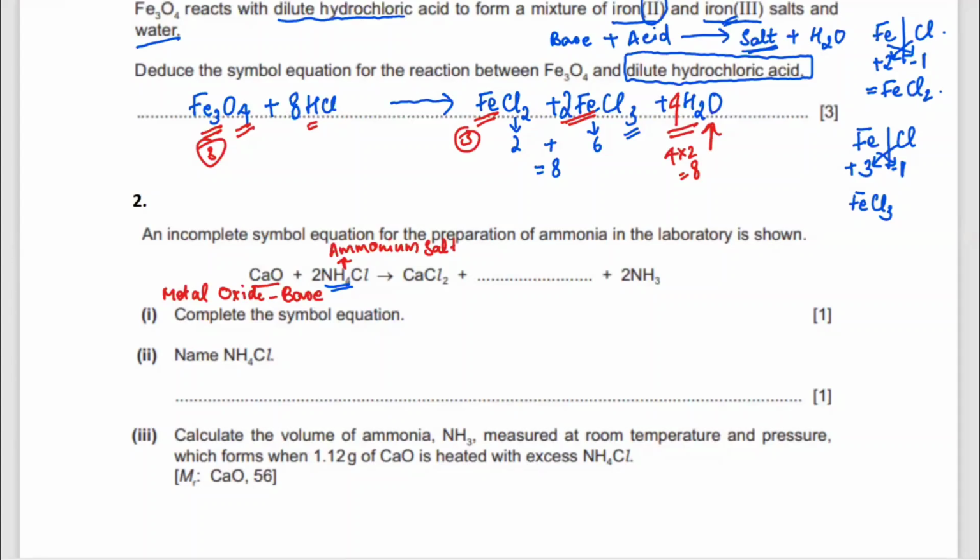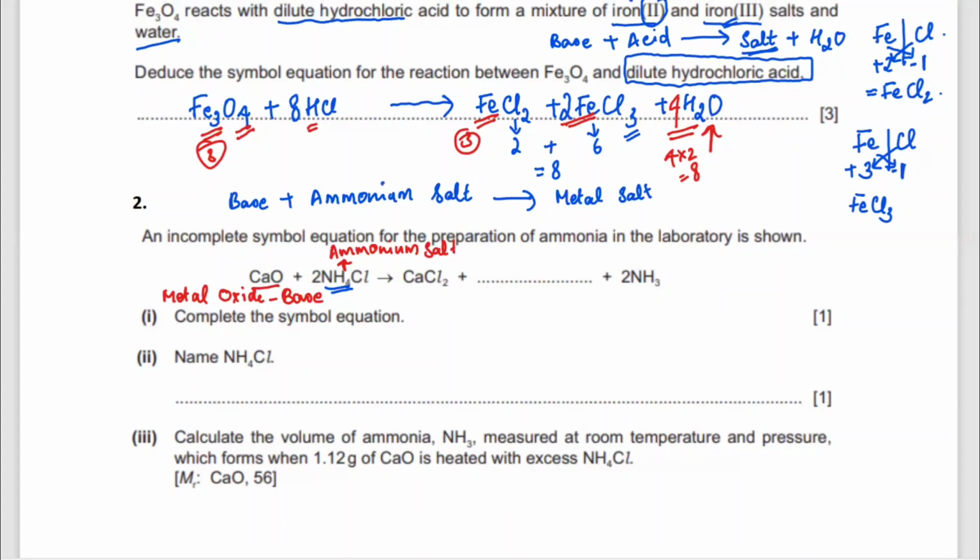So let's see the general equation for a base reacting with an ammonium salt. So a base, when it reacts with an ammonium salt, produces the corresponding salt, that is the metal salt. What do you mean by metal salt?